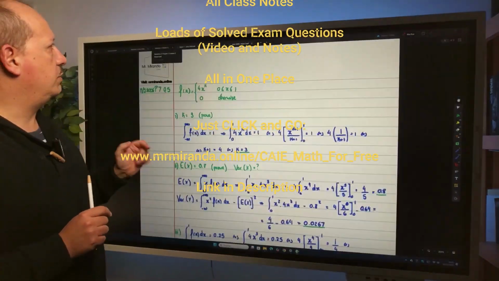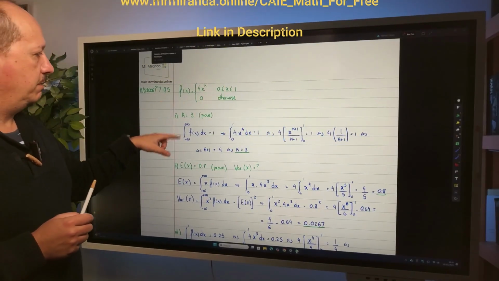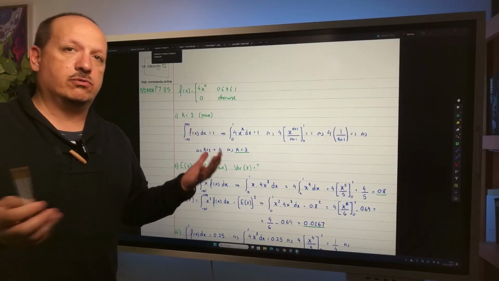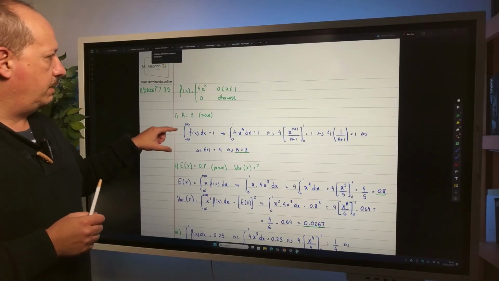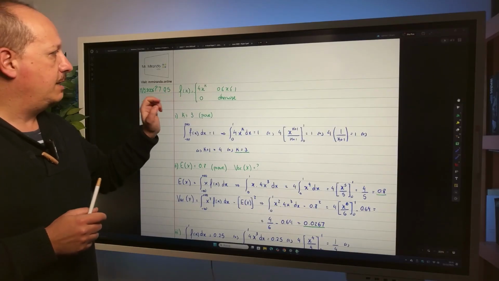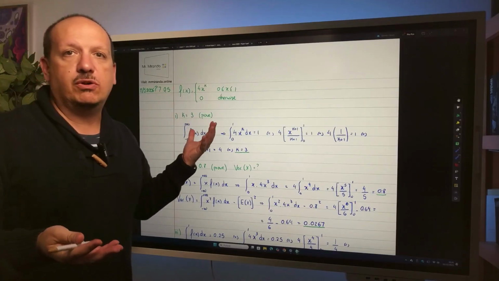So what do you have to use? You have to use the fact that if you integrate the function for any value of x, it must be equal to 1 for the reasons that you already understood in our lesson. All right? Now, you have to look at the specificity of the function in this case. It is 0 every time x is outside of 0 and 1.